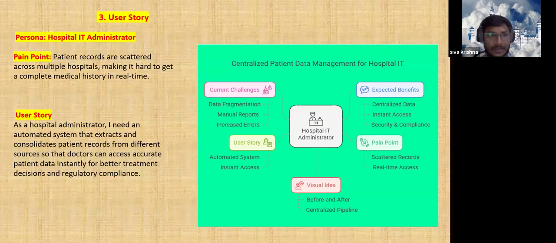The hospital IT administrator wants one automated system that will extract and consolidate the patient records from different sources, so that doctors can access accurate patient data instantly to make better treatment decisions for patients, and it will also reduce time as well. This is all about the user story.